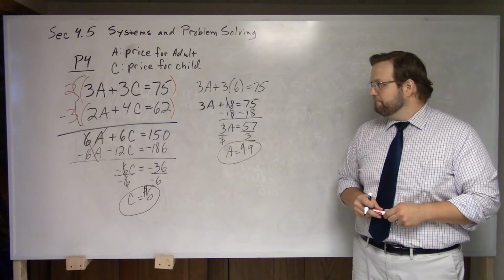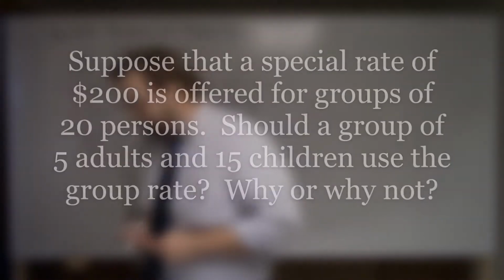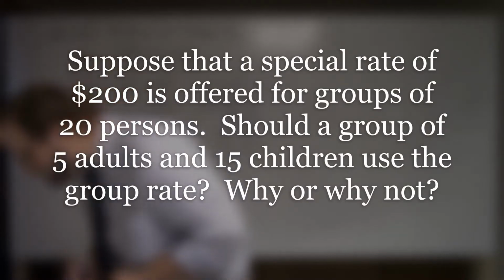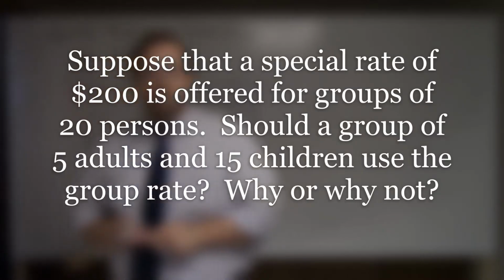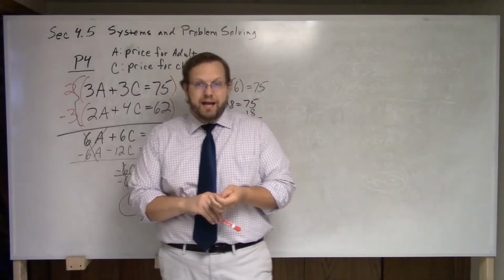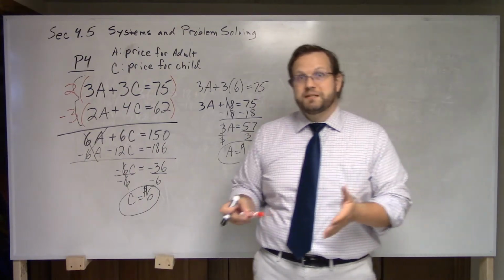Okay? Now, there is a third part to this. The third part reads, suppose that a special rate of $200 is offered for groups of 20 persons. Should a group of 5 adults and 15 children use the group rate, why or why not? Okay, so again, there's a sale going on, but we need to know if that sale is going to benefit us. Okay, because it's a very specific sale.